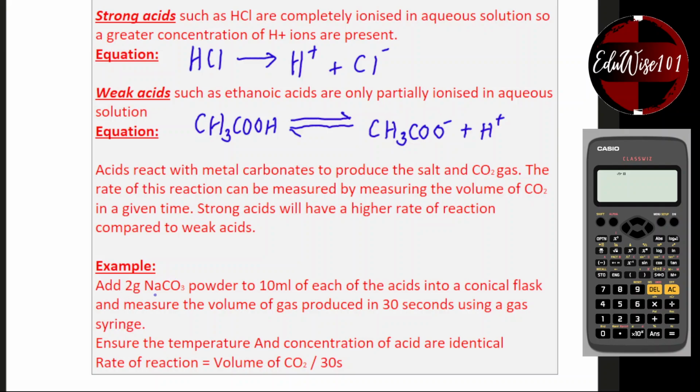Example, add 2 grams of sodium carbonate powder to 10 milliliters of each of the acids in a conical flask and measure the volume of gas produced in 30 seconds using a gas syringe. Right. As a control variable, we need to ensure that the temperature and concentration of acid are identical, and the rate of the reaction is given by the volume of carbon dioxide produced divided by the time, which is 30 seconds.